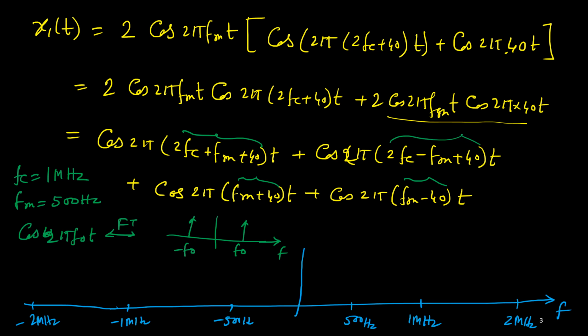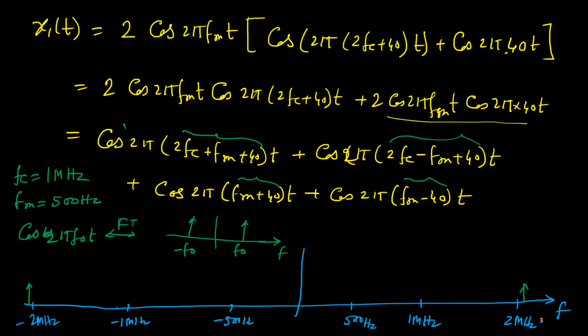Now we'll try to plot. The first signal will have two components, at 2fc plus fm plus 40. So 2fc is 2 megahertz, plus fm, which is 500, plus 40, so I can have a spike here, and the corresponding one on the left side.